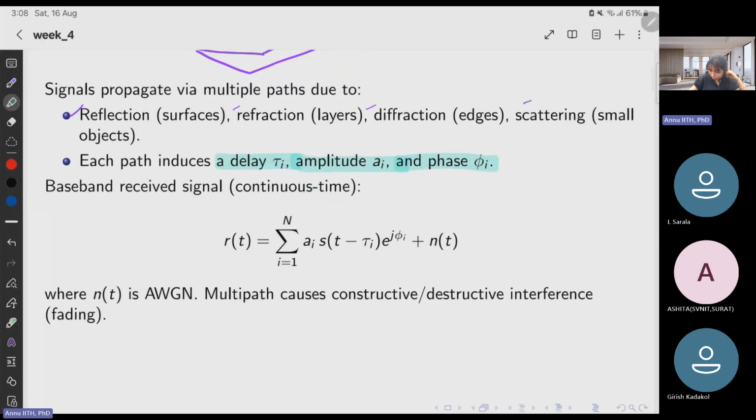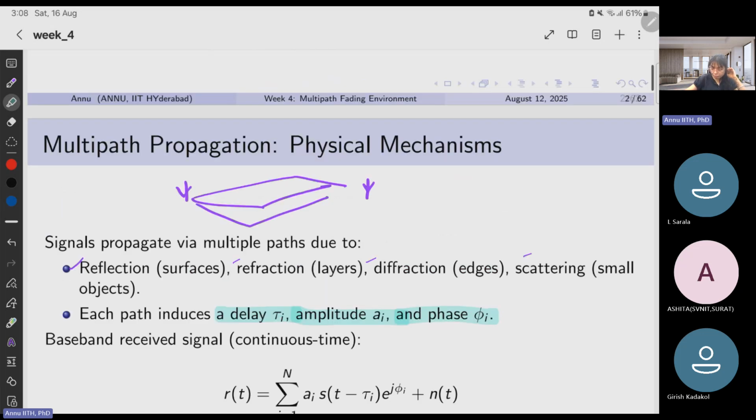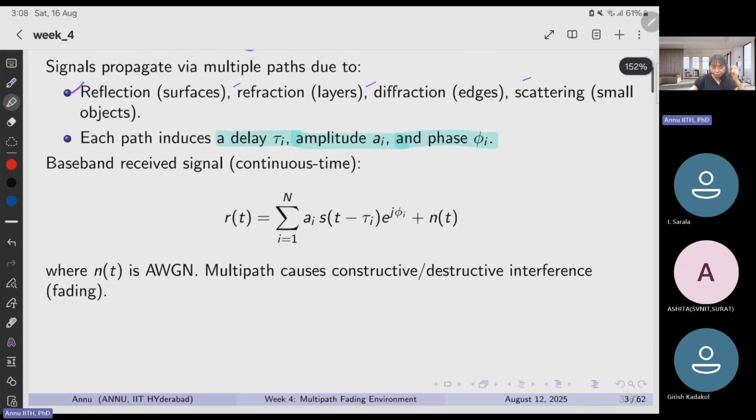So suppose you have one signal, A_1 s(t minus tau_1), the amplitude associated with it is A_1, and the phase associated with that signal is e power j phi_i. If you sum it, finally the received signal at the baseband is this, where n(t) is AWGN. Multipath causes either constructive or destructive interference, that is fading.